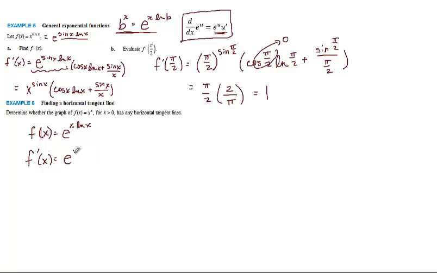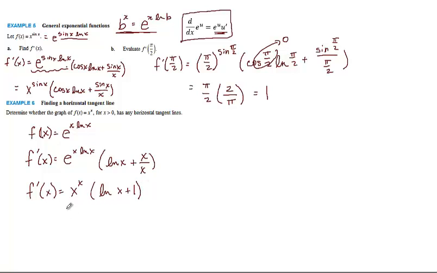So that'd be e to the u, e to the x natural log of x, times the derivative of my u, product rule. Derivative of the first is 1, leave the second one alone, plus leave the first one alone times the derivative of the second, but that's 1 over x. So f prime of x equals, this sucker is x to the x, and then I got natural log of x plus 1. So where are their horizontal tangent lines?